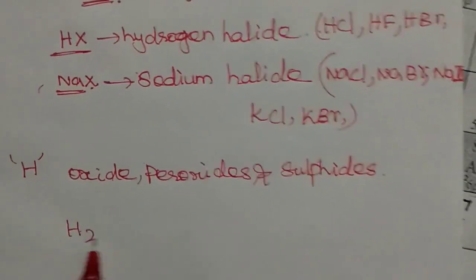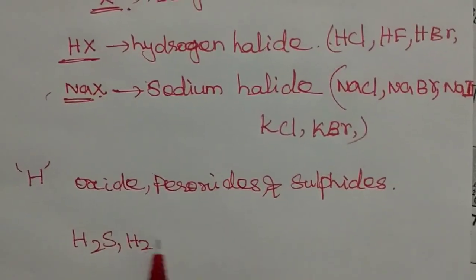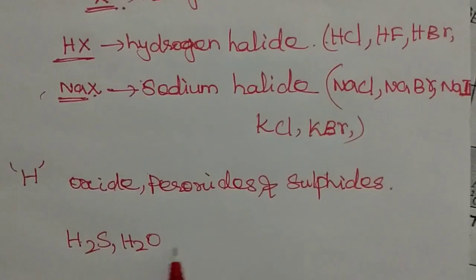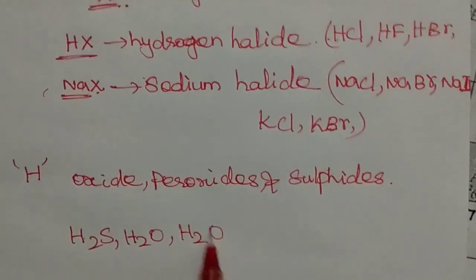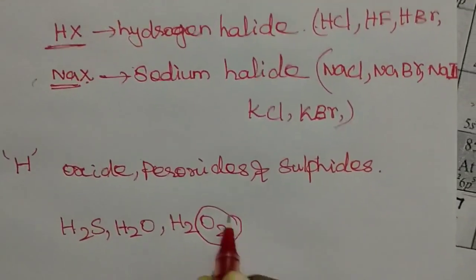For example, H2S is a sulfide, H2O is an oxide, and H2O2 is a peroxide.